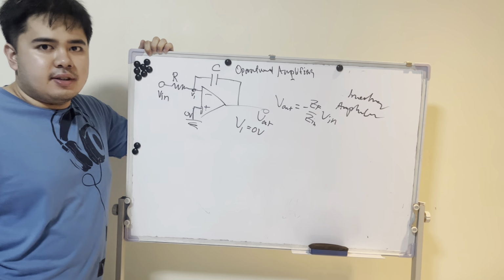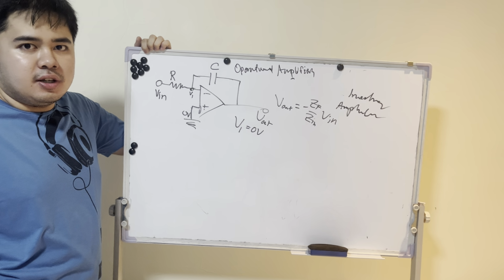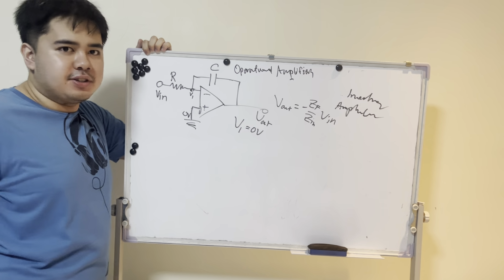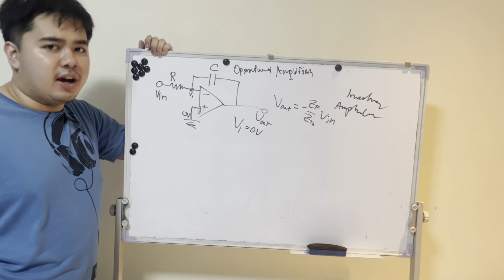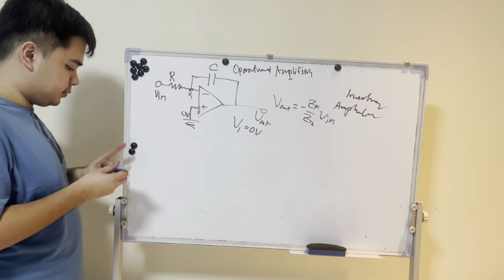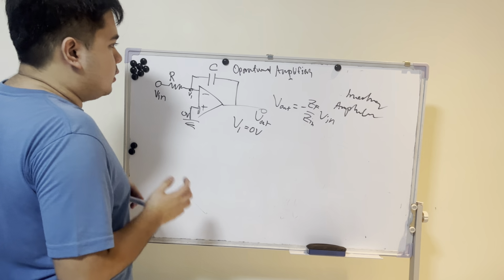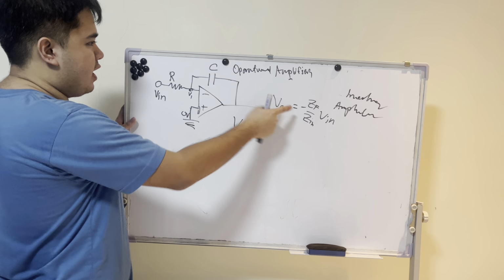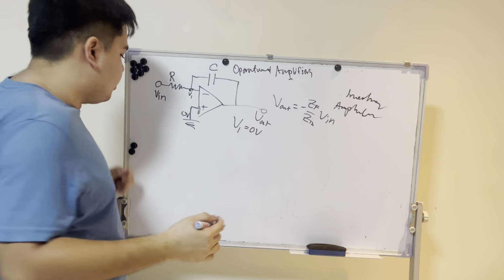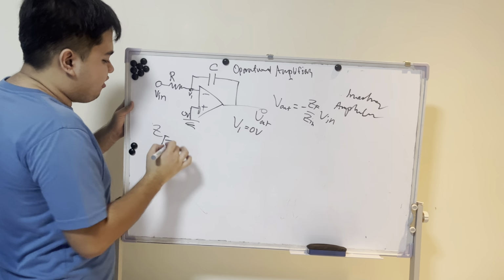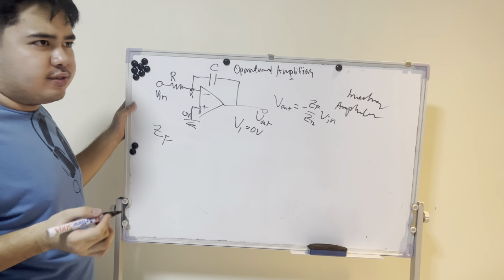Impedance and resistance are almost the same thing, with the addition of capacitive reactance and inductive reactance. So what is ZF and Zin? Zin is just R, so that's a given. What we need is ZF. What is ZF?